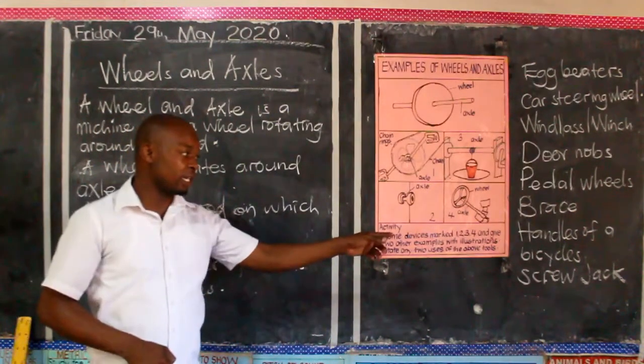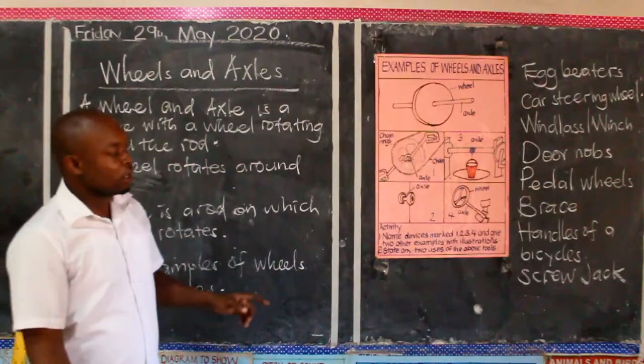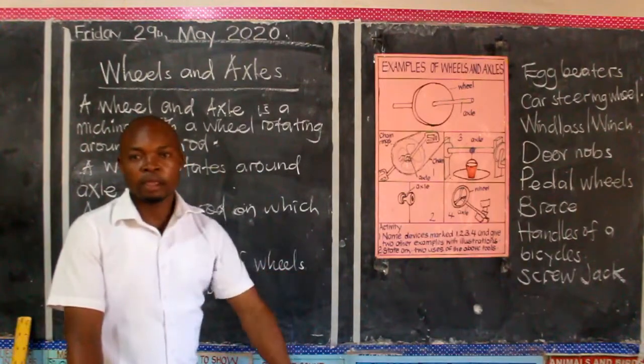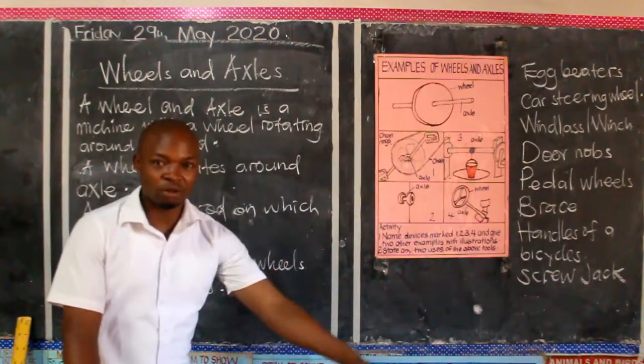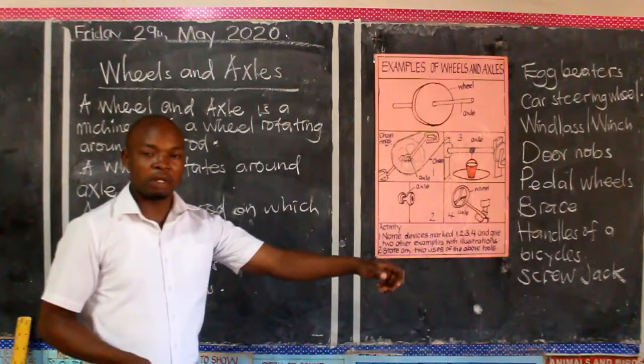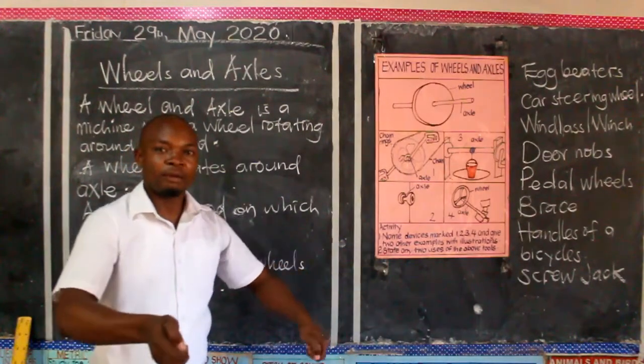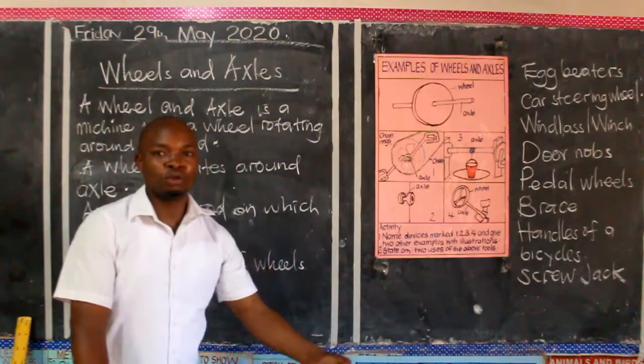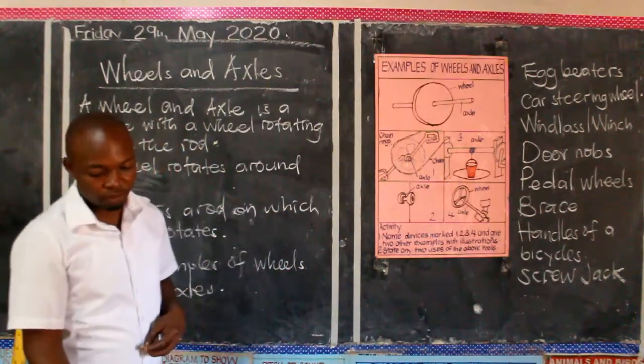You tighten using a screw jack. We see a pedaling wheel enables one to ride a bicycle. Pedaling wheel. And then when we talk of bicycle handles, the same enable a rider to ride the bicycle properly.